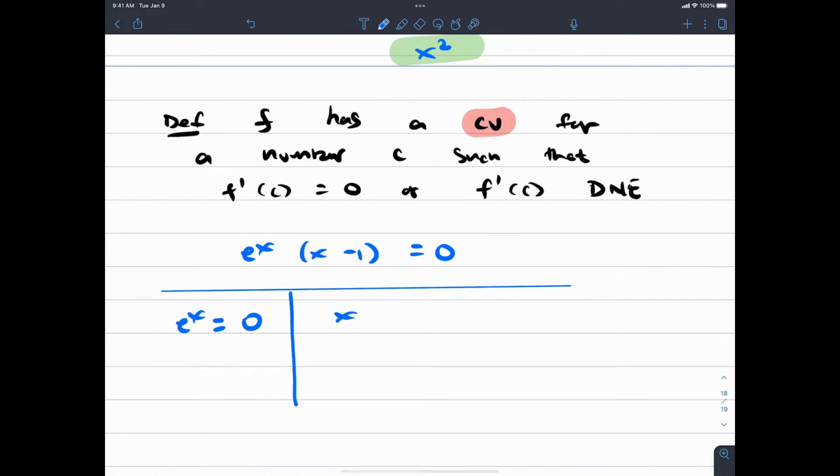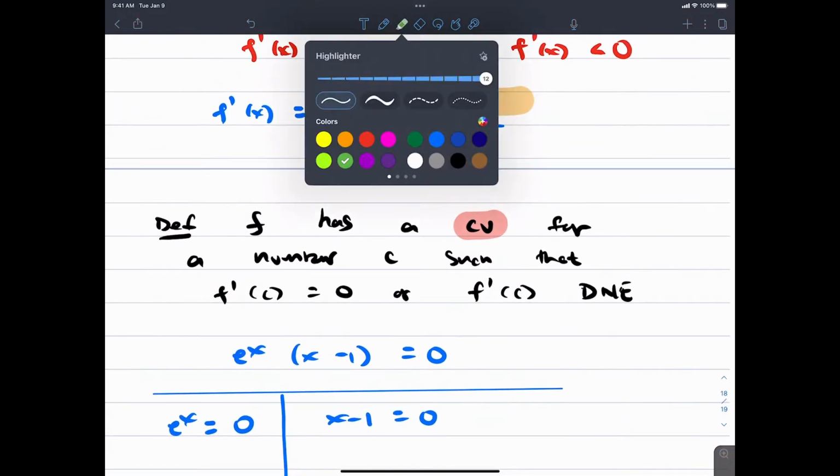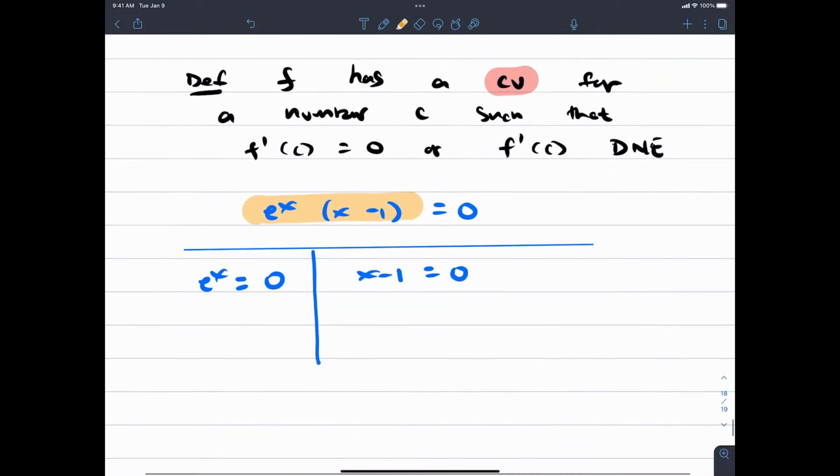Each of the terms is 0. Okay, you guys okay with that? Each of the terms is 0 here. So this is setting that numerator equal to 0. Two terms.